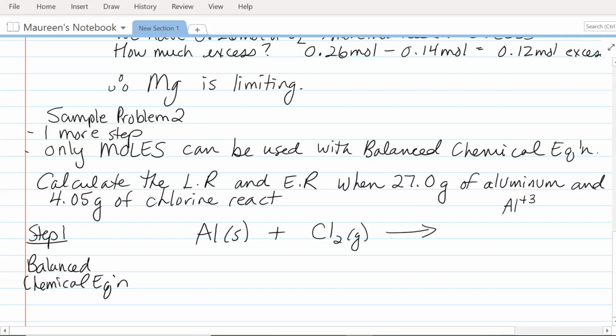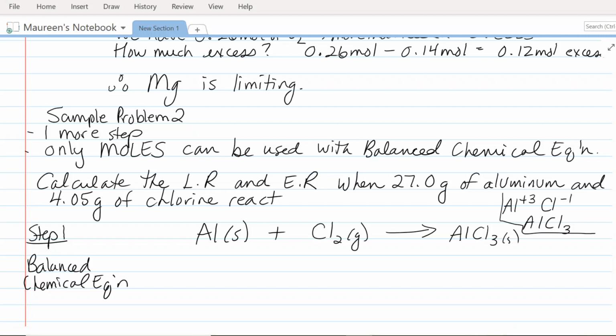You find out that aluminum is +3 and chlorine is -1, and you're going to crisscross those, and discover that our product in this case is going to be aluminum chloride, and that'll be a solid as well, and it looks like that. Okay, so we got to balance it up.